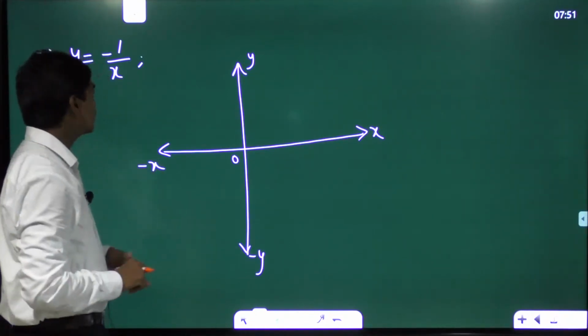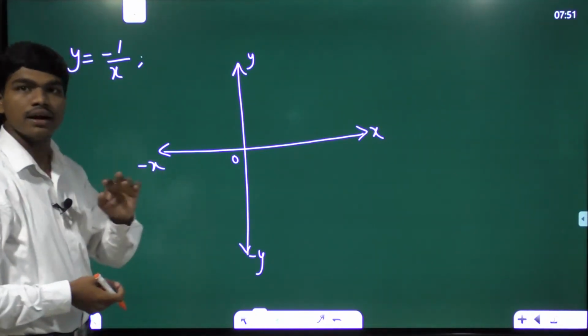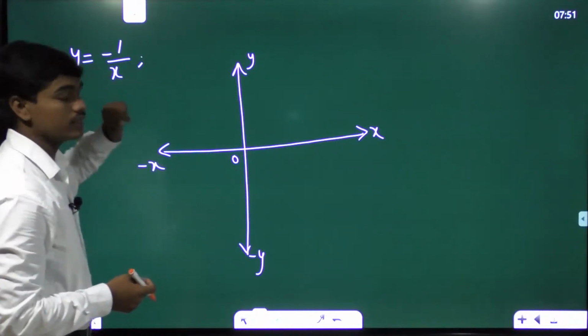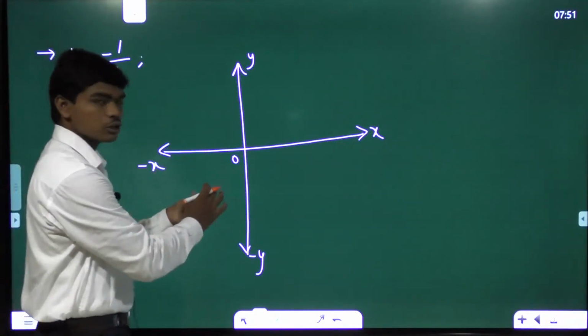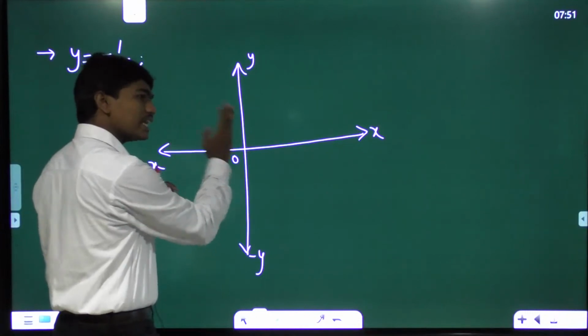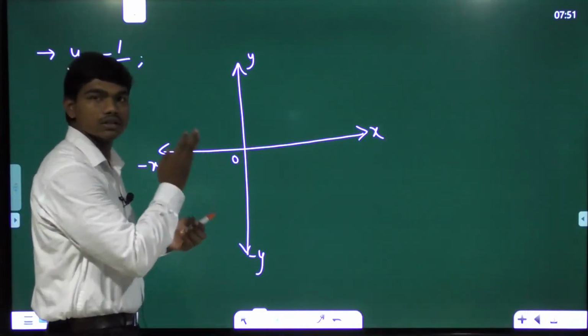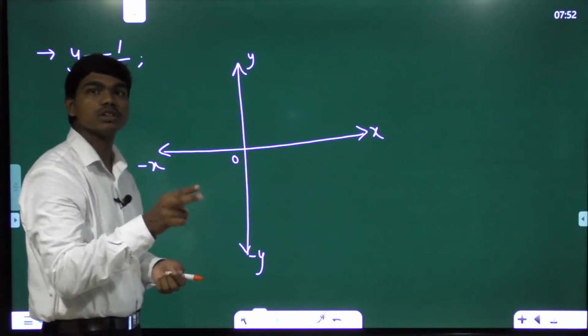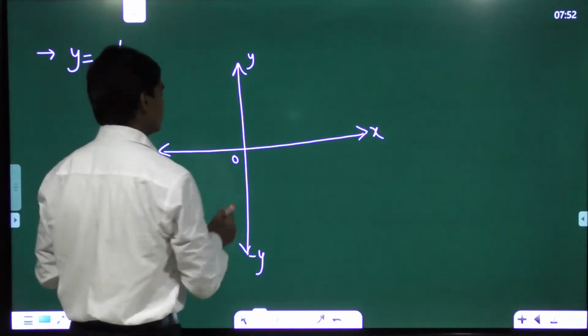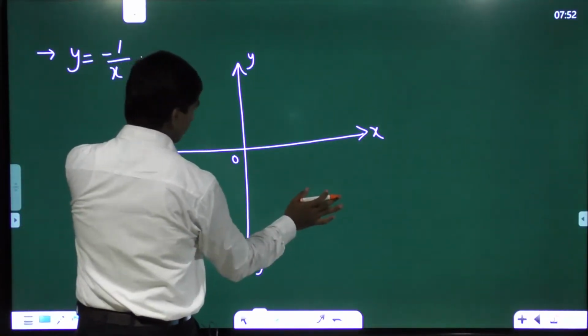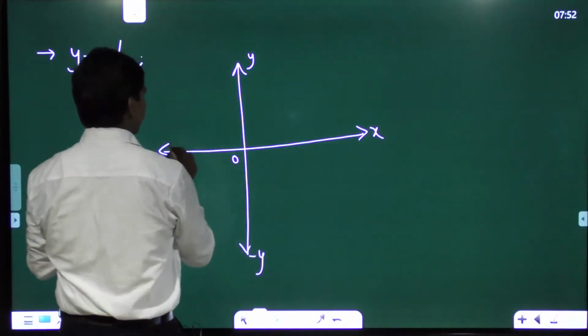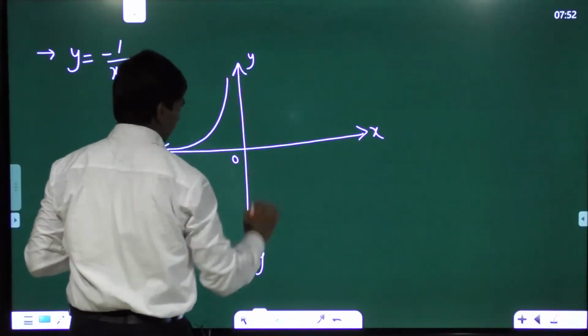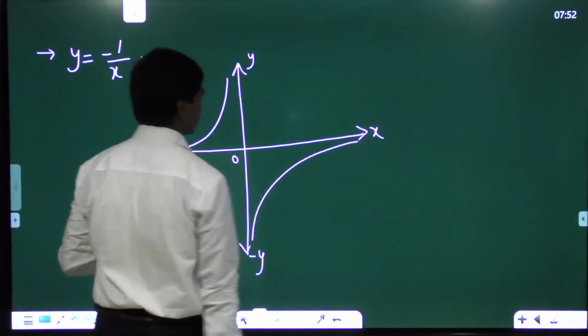But in this case, we have opposite signs for x and y because of this minus sign. That means the graph you draw should lie only in the second and fourth quadrants. Correct? Because second and fourth are the quadrants where both variables have opposite signs. And if you try to draw this graph, it could look something like this.